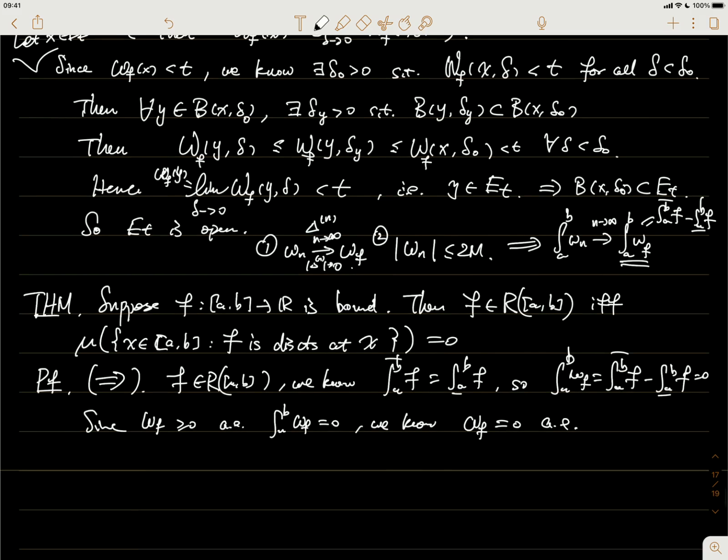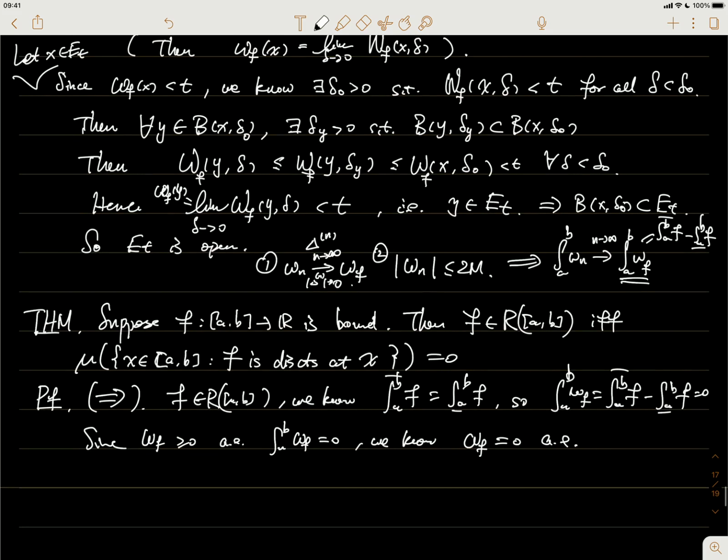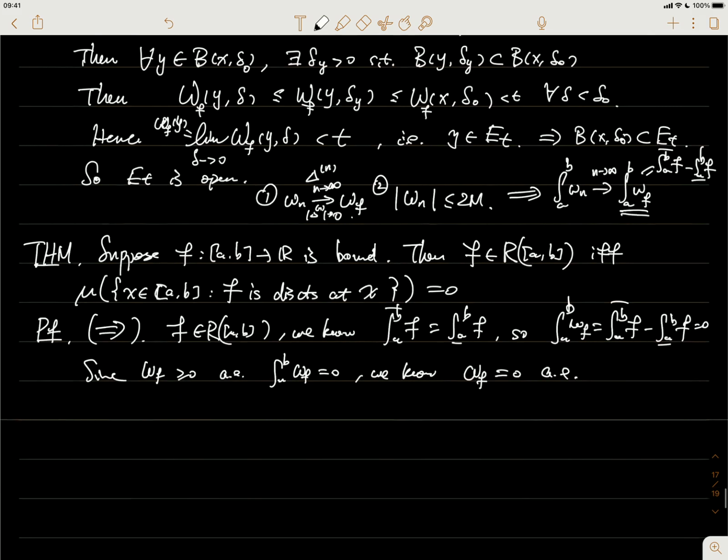Where it's 0, f is continuous there. So Wf equal to 0 almost everywhere means that f is continuous almost everywhere, and that means the set of points where f is not continuous has measure 0. And that is this direction.